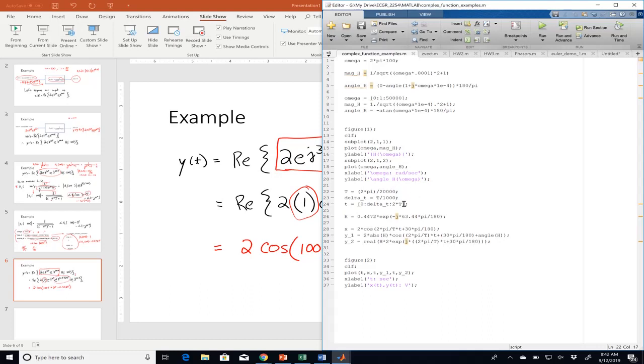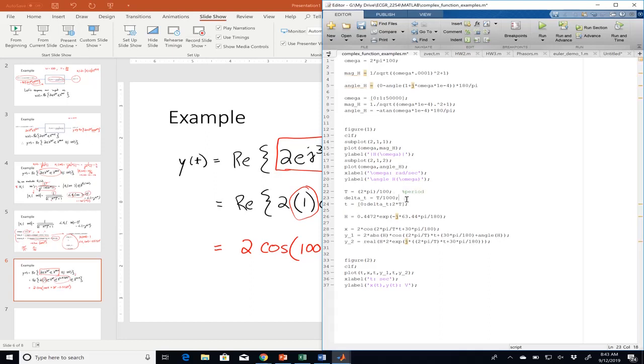It starts on line 22 of my code, where I defined a period. In this case, my period is 2 pi over 20,000. Since my input had a frequency of 100 radians per second, I'm going to change that to 100. So this is the period I've defined.